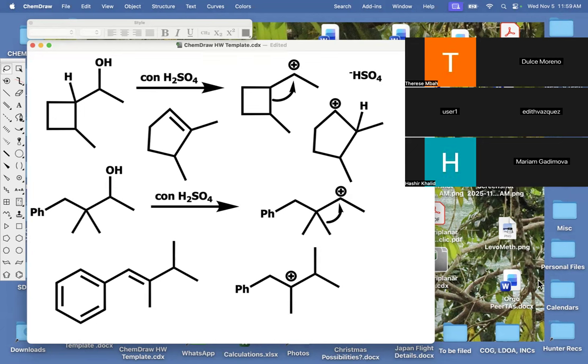And that's because of an sp carbon. So a double bond has more s character as compared to a single bond. Among them, sp2 is 33% s, sp3 is 25% s, so more s character means stronger acid.